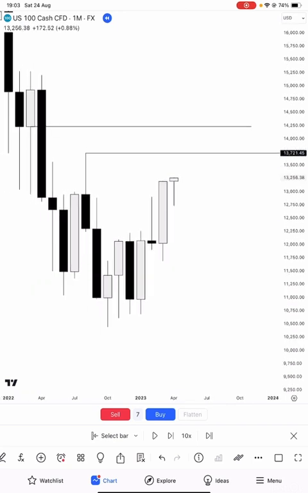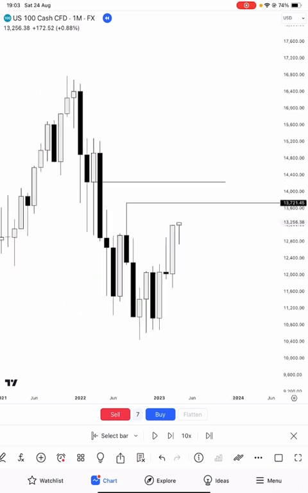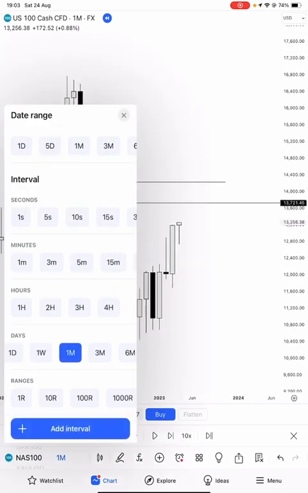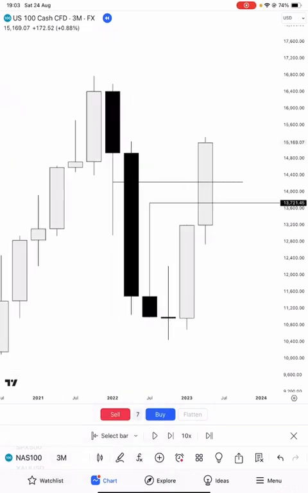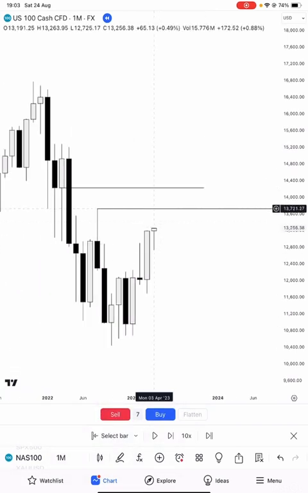Now we range high, and as you know, price can only reverse at a higher time frame PD array. So without a higher time frame PD array, let's say 3 months, there is nothing until this 3 month order block. But let's stay safe.